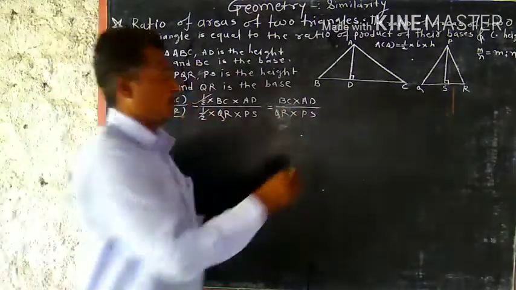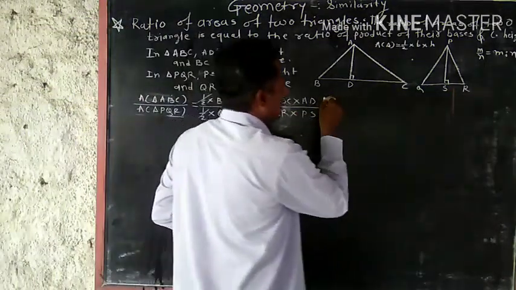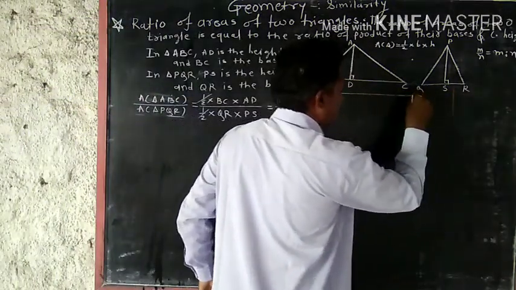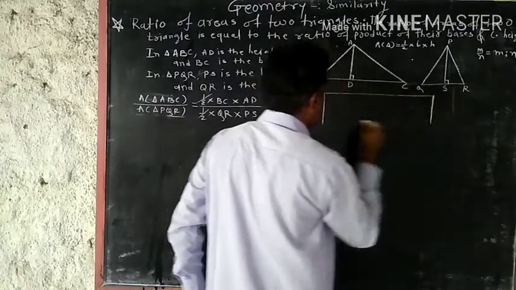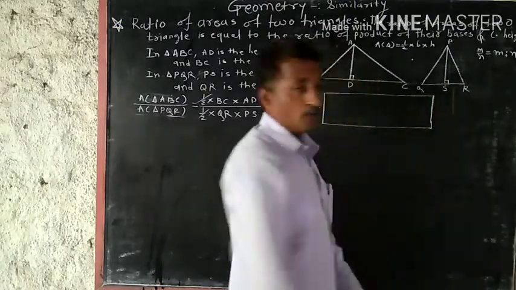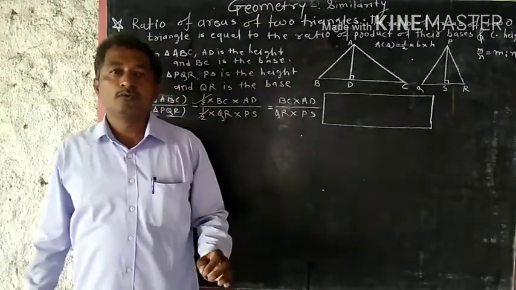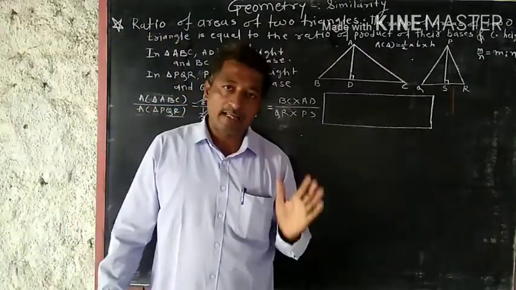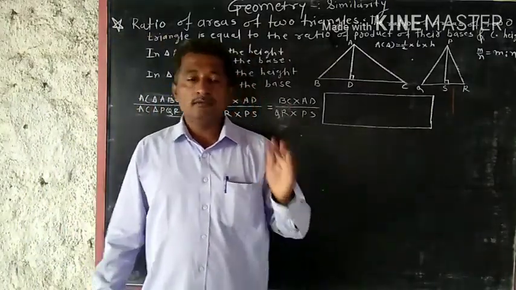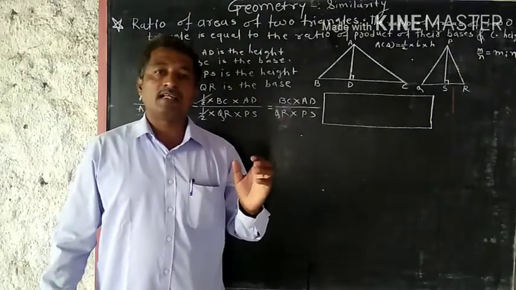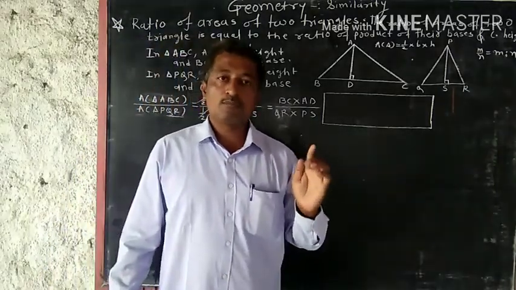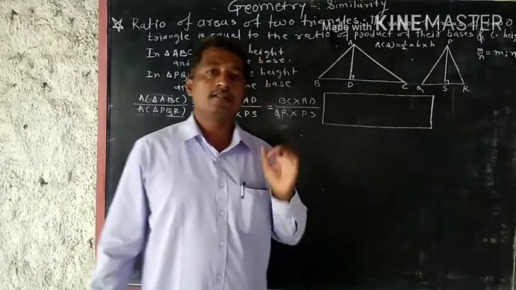It is the first property. This property can be written by using symbols. Suppose A1 and A2 are the areas of two triangles. The base of the triangle is B1 and height H1.